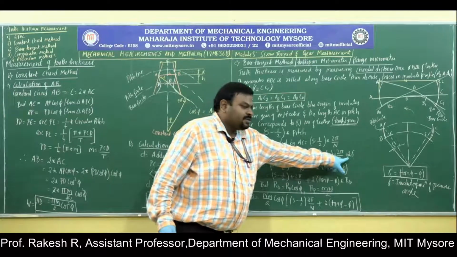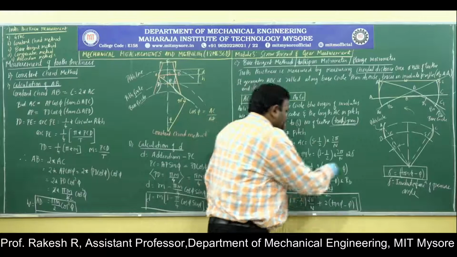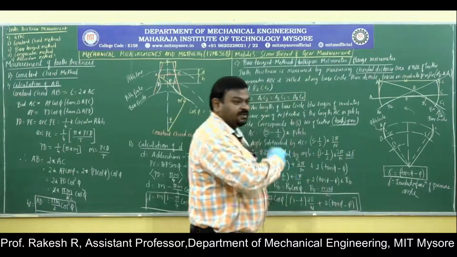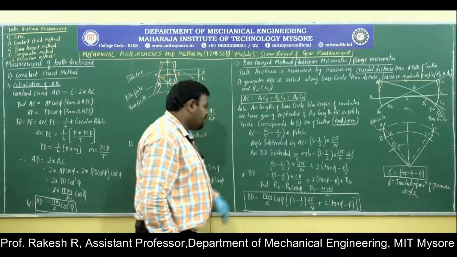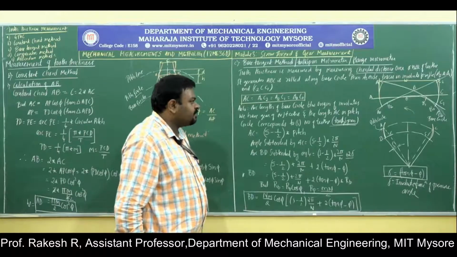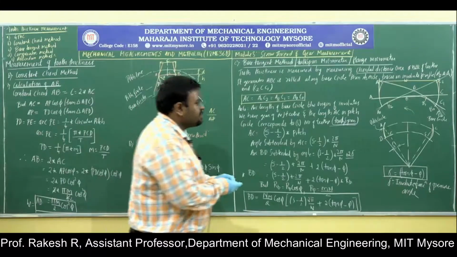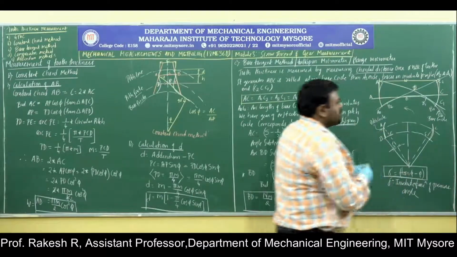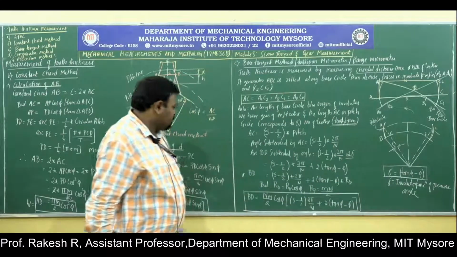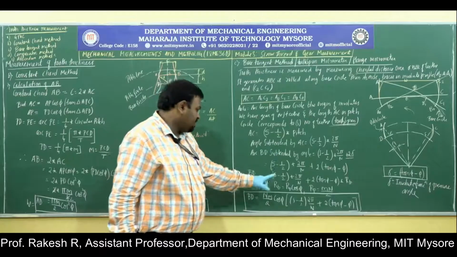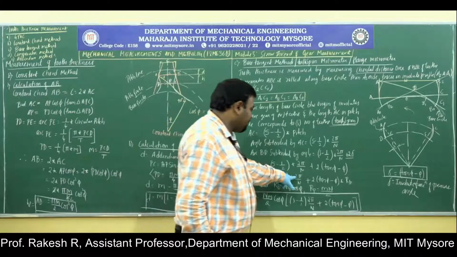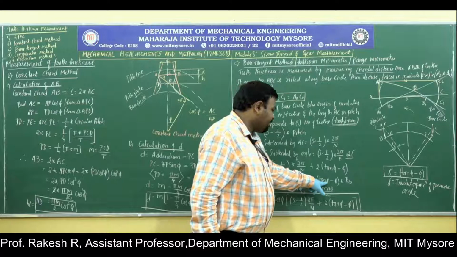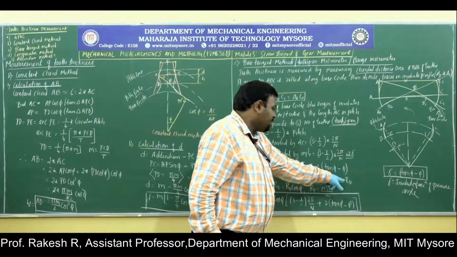And plus 2 delta. This is the angle during shifting, during involution. Then substitute all the values. So BD is S minus 1 by 2 into 2 pi by n plus 2 into tan phi minus phi, into RB.